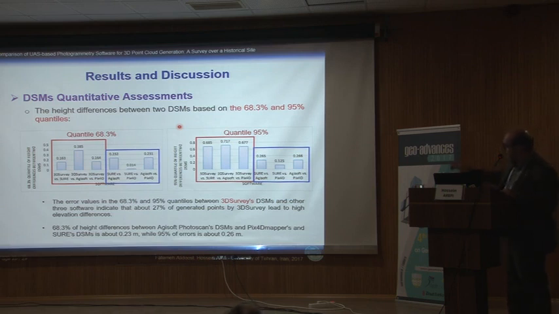That means the difference between 68 and 95 is 27%. These are at the end of the curve, and you see that it has much effect on the difference. That means this much difference comes from those areas in the 27%, the last part of the curve.